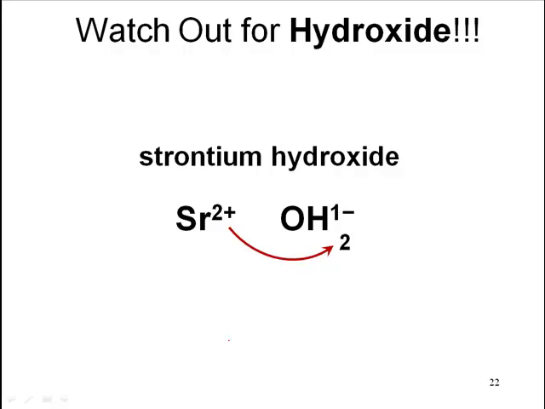So if we switch these two, this is a big problem for all chemistry students. Because if you write this as the answer here, you're wrong 100% of the time. Because guess what's in here? H2O. This is saying that it's strontium with water.